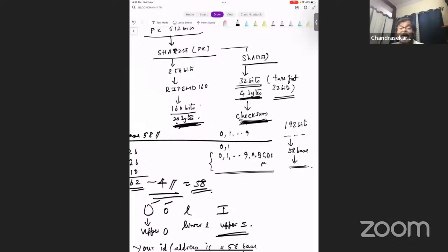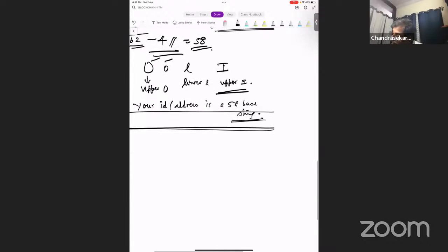So this is what we are going to transfer. That is why this is called pay to public key. You are going to pay by referring to a public key.